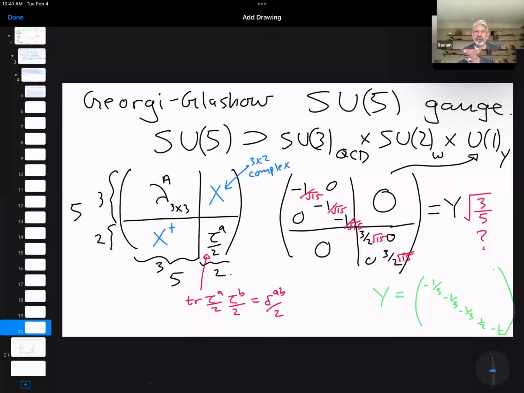Okay, so these are generators, and in SU5, of course, these generators correspond to gauge bosons. So these are gauge bosons that are part of SU5, but are not part of the standard model. But it's exciting to contemplate that the entire standard model set of gauge groups, of their strange gauge groups, are really coming out of something as simple as SU5. Okay, so that's the core idea of grand unification.